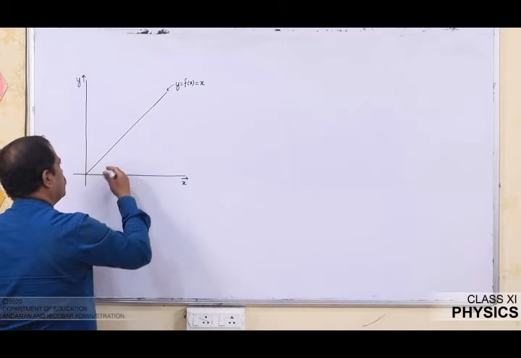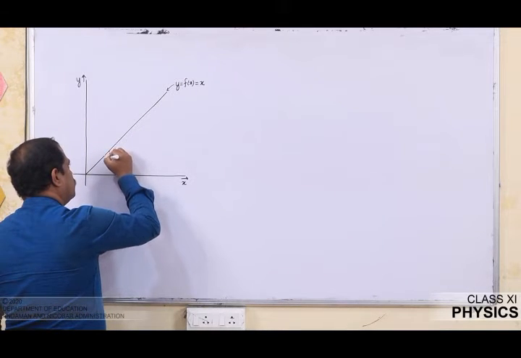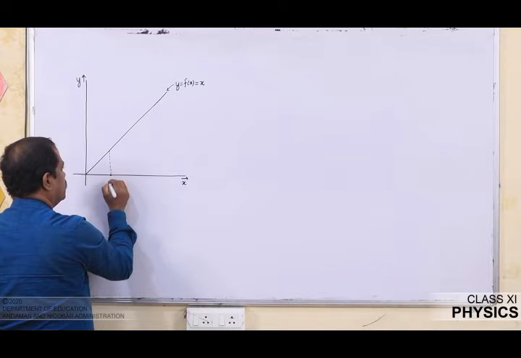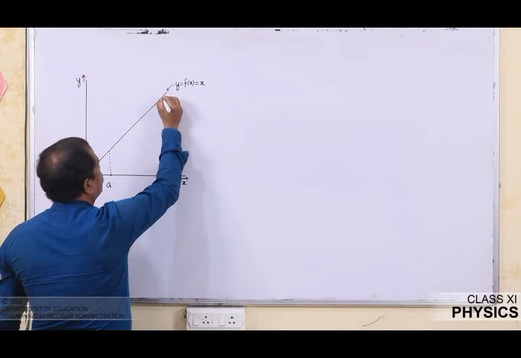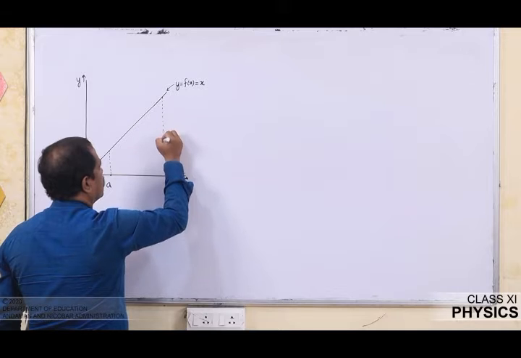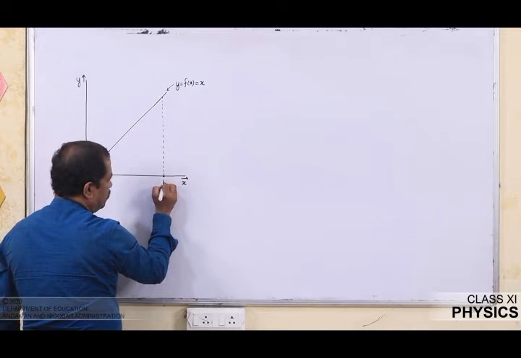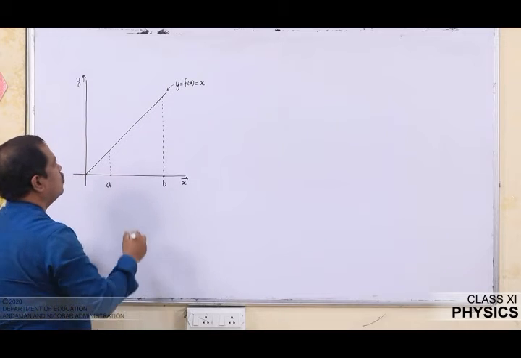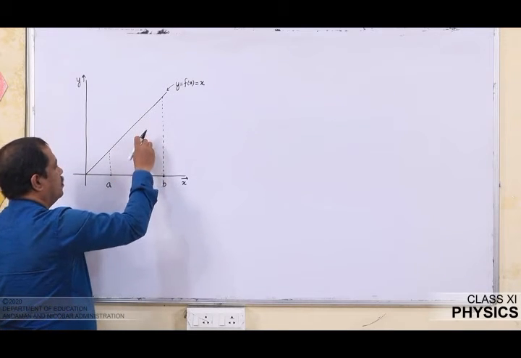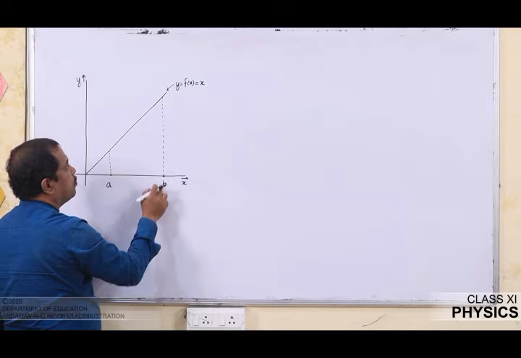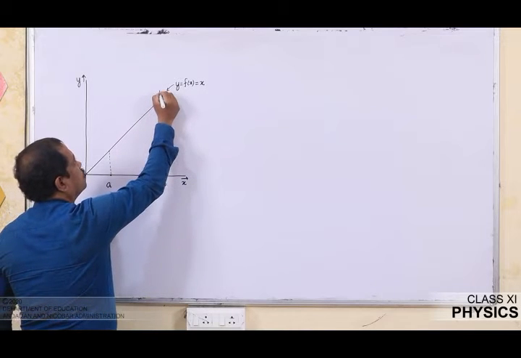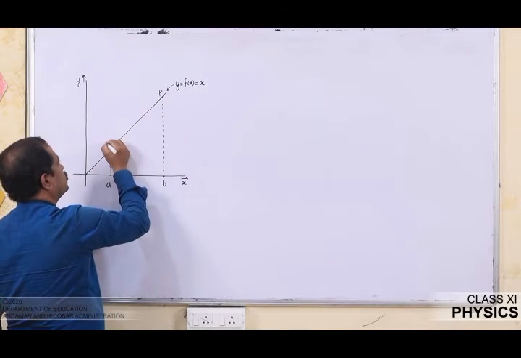Now, what I am going to try is to take one limit here, say this is a, and I want to try another limit here, and I want to see what is here, it is b. So, I want to calculate the total area from a to b, say this is p, this is q.